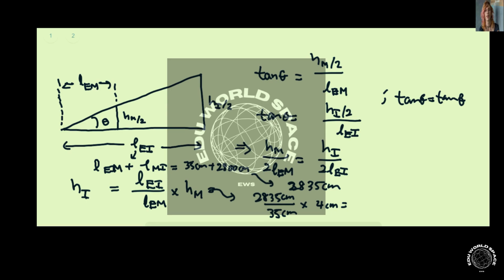Then we get, for a final answer, 324 centimeters, which is equal to 3.24 meters. And you could have obtained the same results without using this tangent by just using the properties of similar triangles, but this is sort of a derivation of those properties.